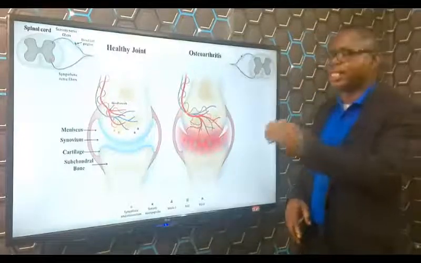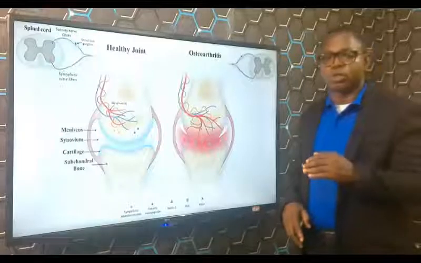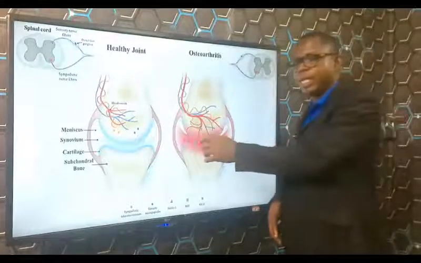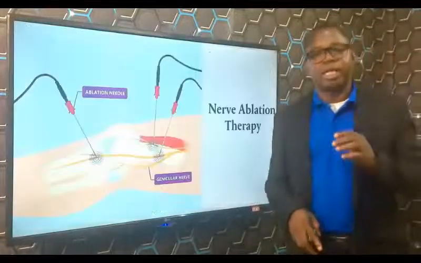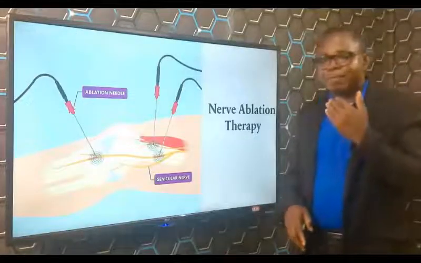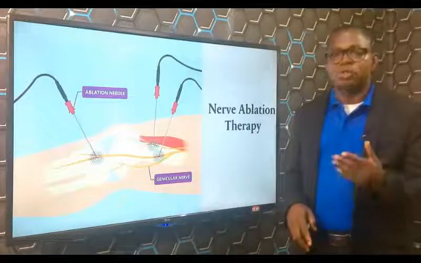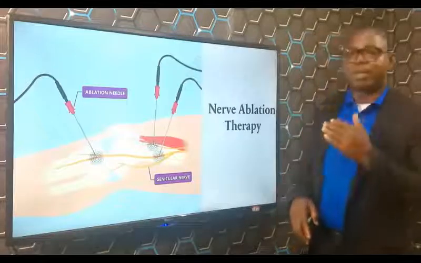So if you are taking medications to stop the nerve doing its own function so that you feel better, you are not helping the matter because you are not solving the problem from the root cause. Okay, that's what people used to do. Now, when the painkillers or medications do not help, they recommend what is called nerve ablation therapy.